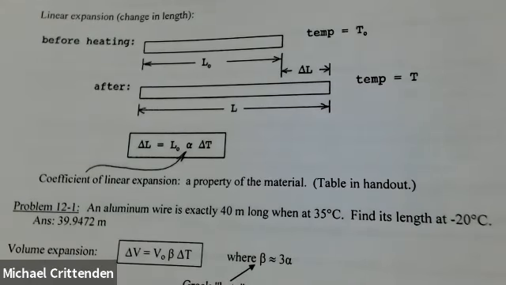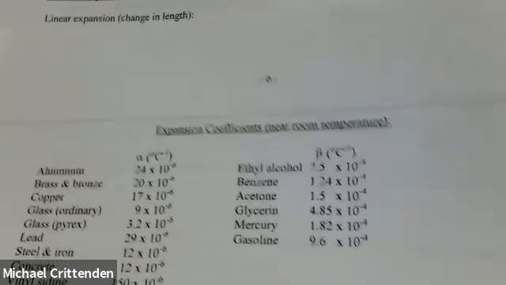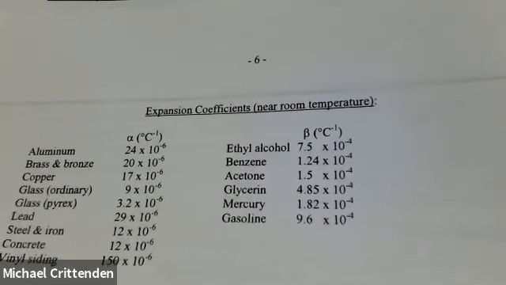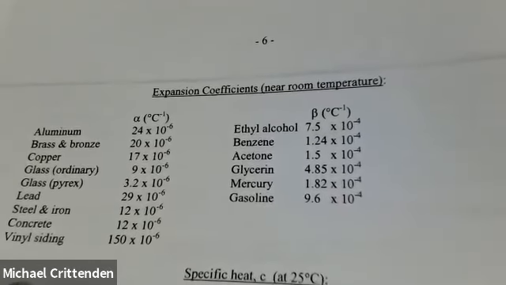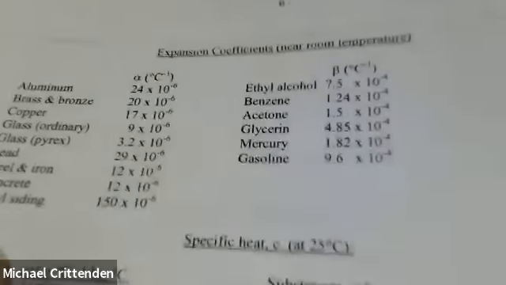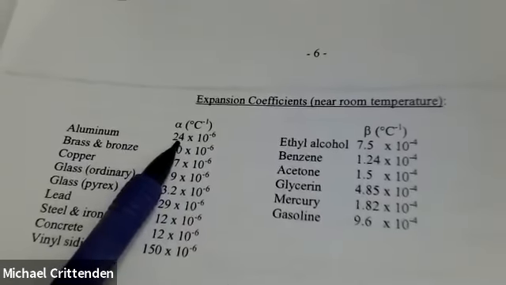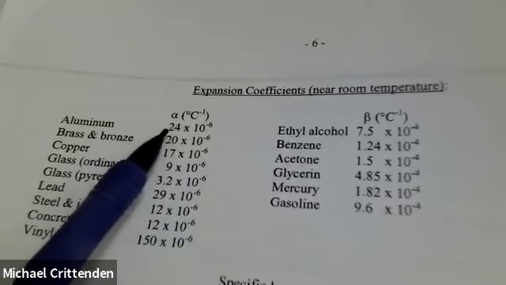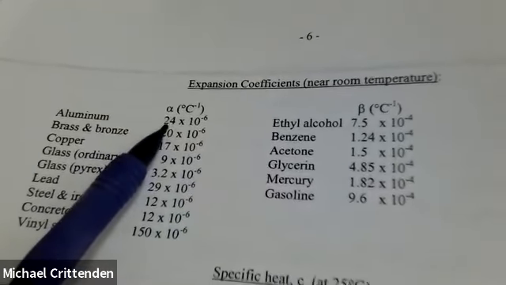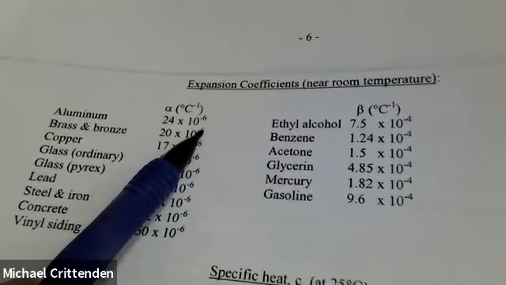The expansion coefficients for various materials have been experimentally measured, and a short collection of those is, as you probably guessed, on your formula sheet. This is the formula sheet, the reference handout, and you'll see. Now, I'm sure they told you in math class that you don't want to say 24 times 10 to the negative 6, that standard scientific notation is 2.4 times 10 to the negative 5th.